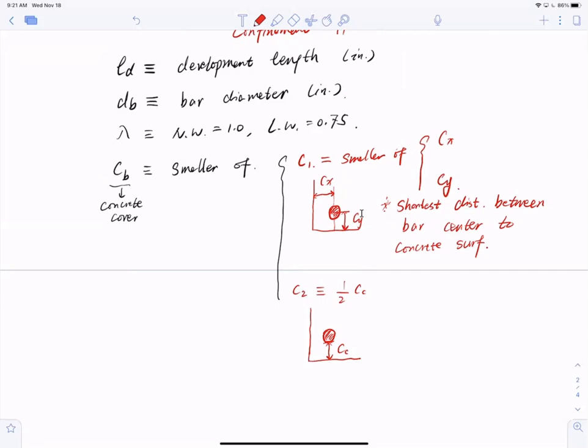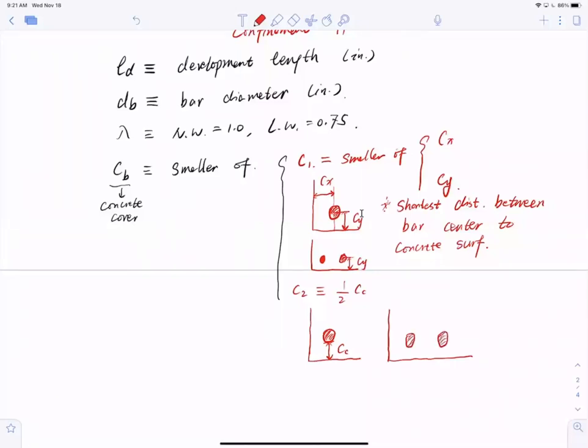So what if I'm in the middle? If we're talking about the corner bars, fine. How about the bars in the center here? For the bar in the center, I only have CY; I don't have a CX. The same thing here: this is the corner bar, and this is the bar in the middle.